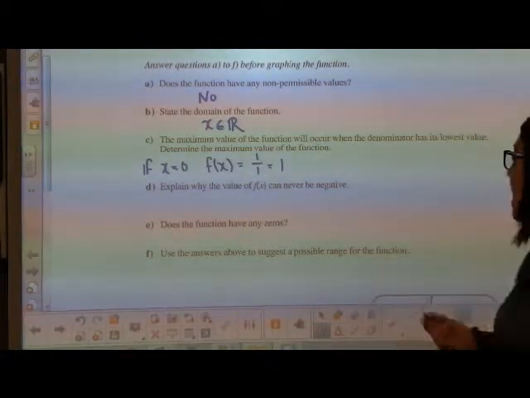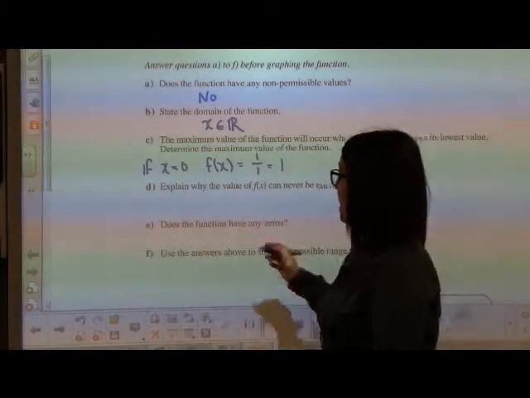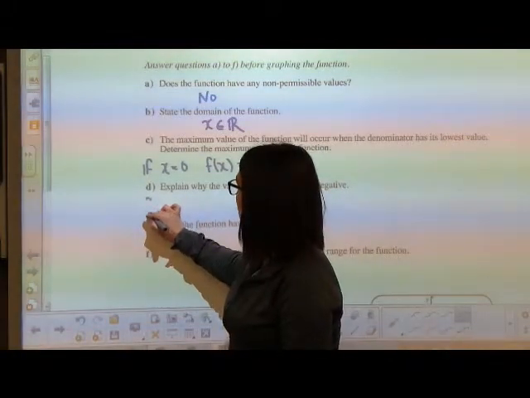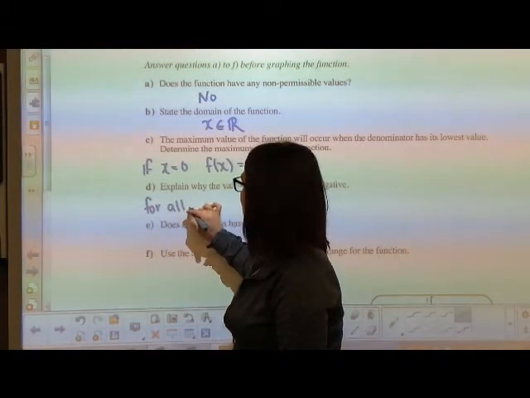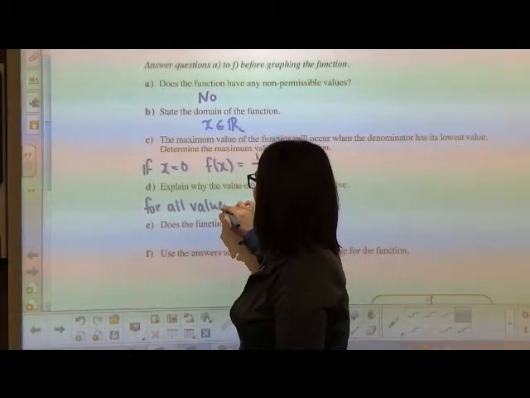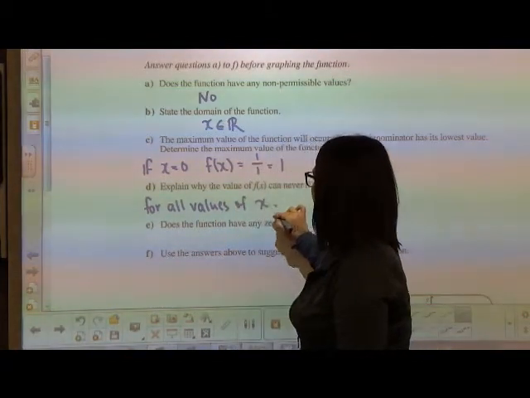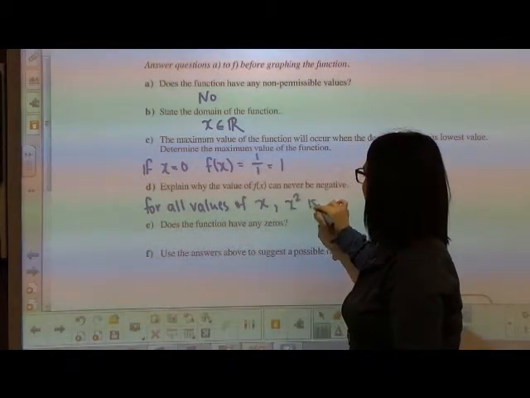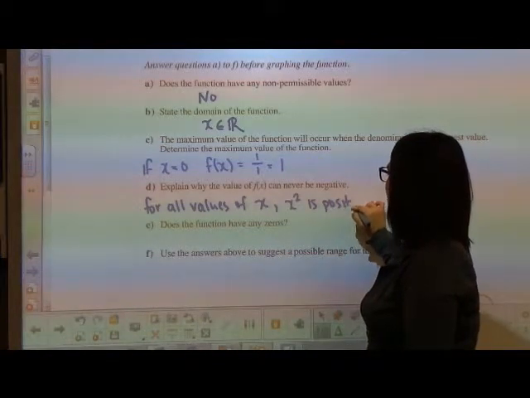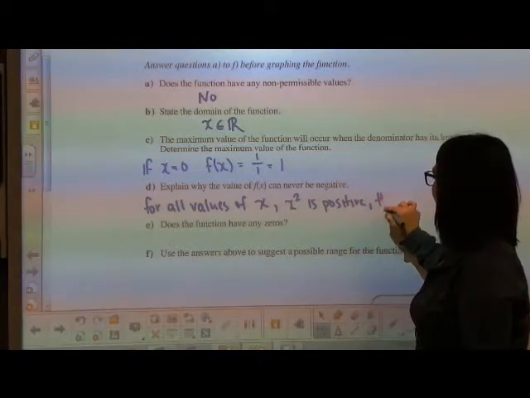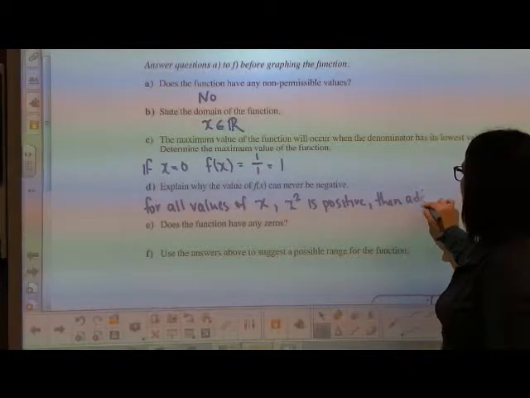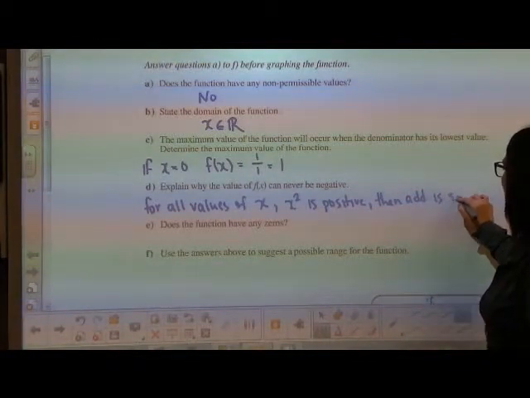So this remains as its maximum value. Explain why the value of f of x can never be negative. Because for all values of x, x squared is positive, and then adding 1 is still positive.